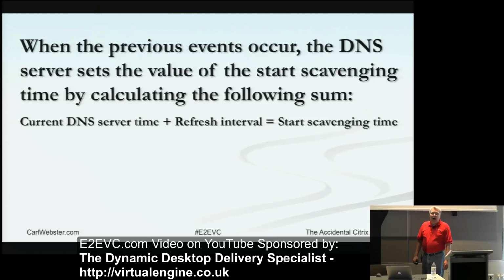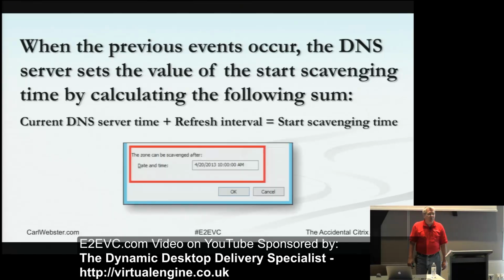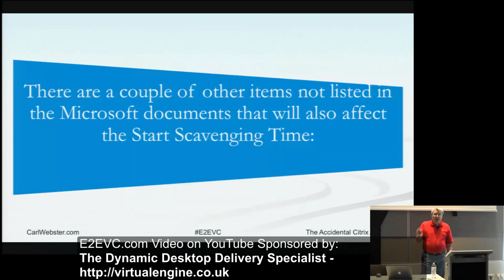Now there are a couple other items not listed in any Microsoft documents that will also affect the start scavenging time, which I found out doing my little lab thing for this, and then also looking in some Microsoft support forums, and then reviewing all the TechNet articles on aging and scavenging.